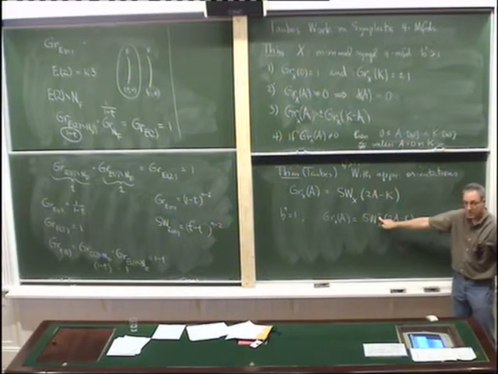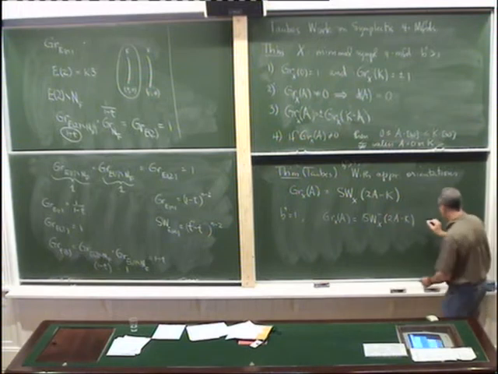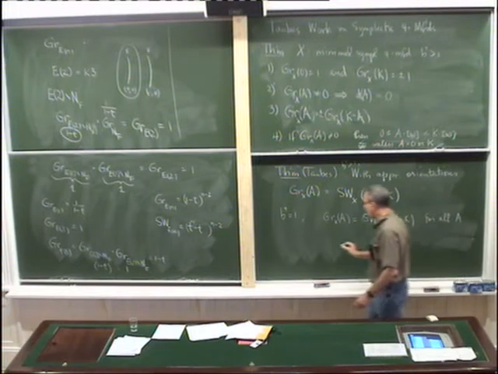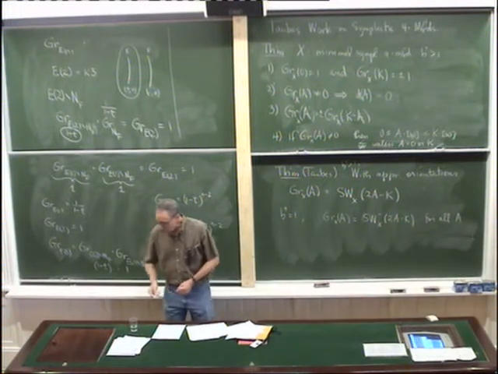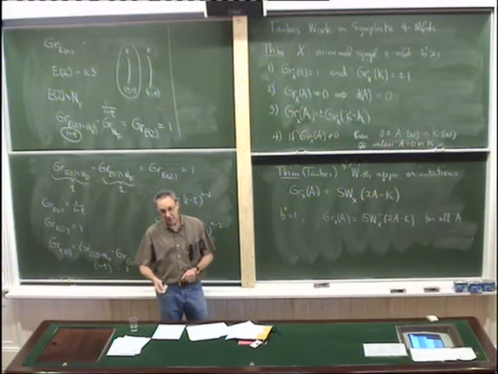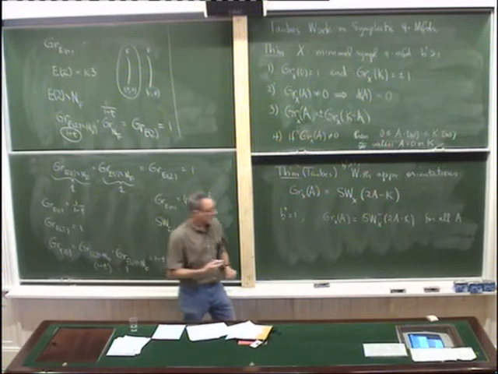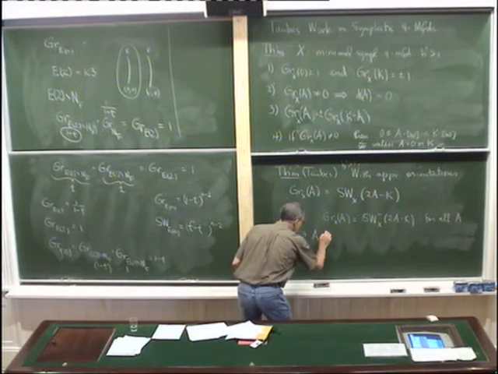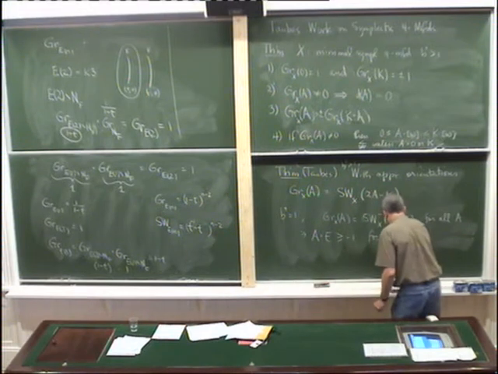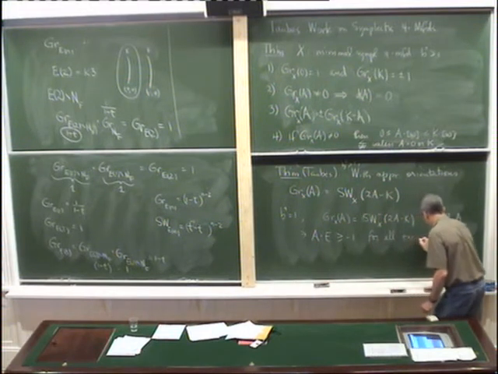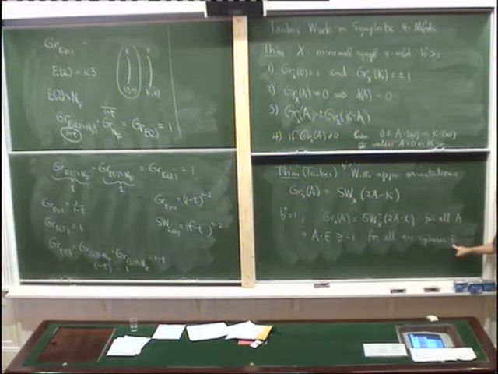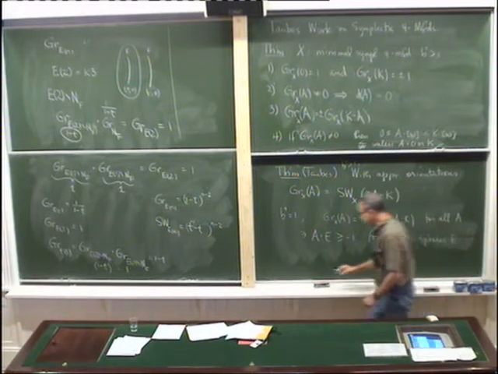That's what the minus means. And this is true for all classes A such that A dot E is greater than or equal to minus 1 for all exceptional spheres E, meaning symplectic spheres of self-intersection minus 1.